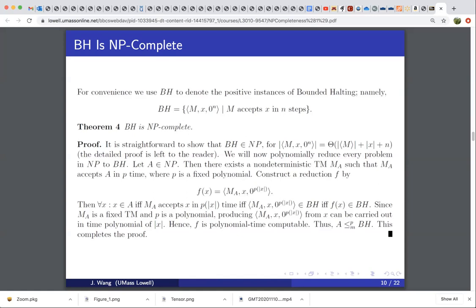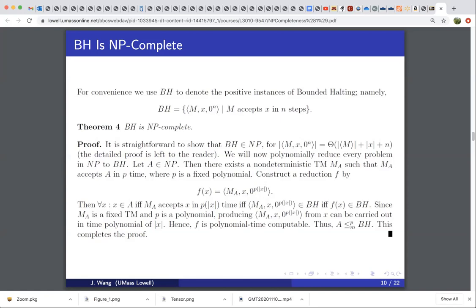So that is the first NP-complete problem we are going to show, and it has the easiest proof, right? Because it's about Turing machines. So actually, for things about Turing machines, the proofs are in general not too complicated. Well, it could get complicated, but in the examples we have seen, they tend to have short proofs.